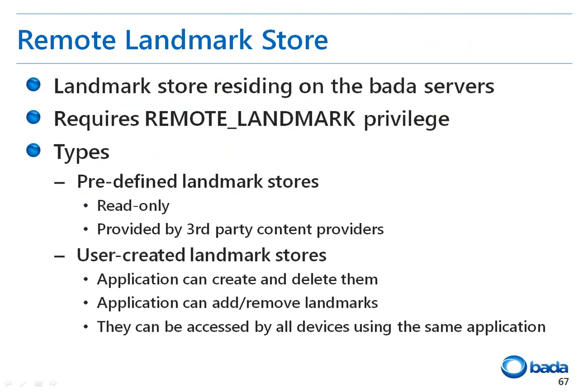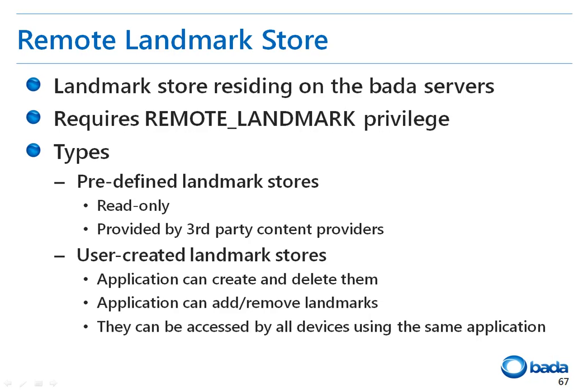So far, I've explained the landmark store included on the device. You can also access landmarks on the server. The APIs to access landmarks on the server belong to the remote_landmark privilege group. There are two types of landmark stores on the server. The first type is a predefined landmark store.